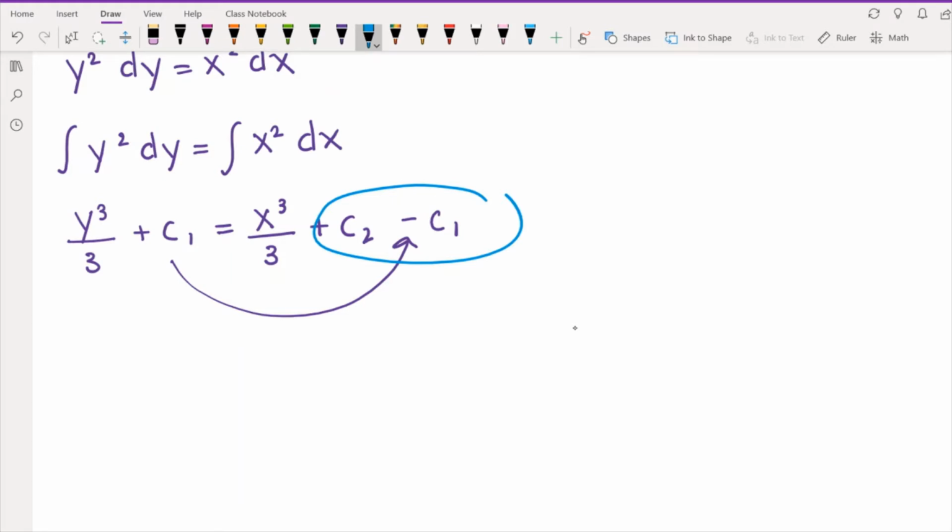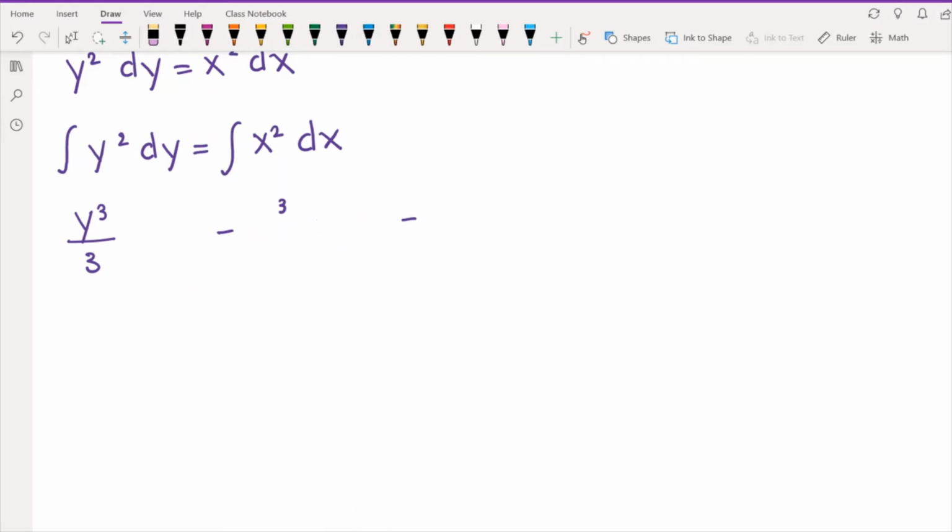And so rather than go through this step of writing the c on both sides and then subtracting it, you can basically just skip ahead and assume that you've put the constant on the side with the x. That's what I would recommend, because we're solving for y, it's generally just going to make things nicer to put it with the x. So we have x cubed over 3 plus c.